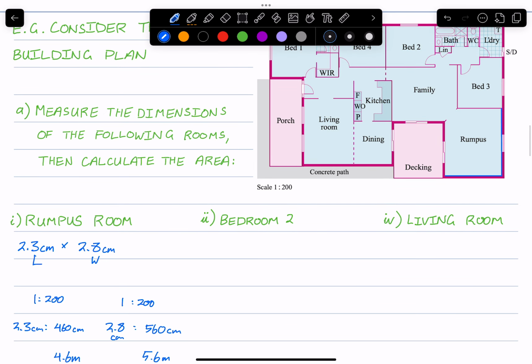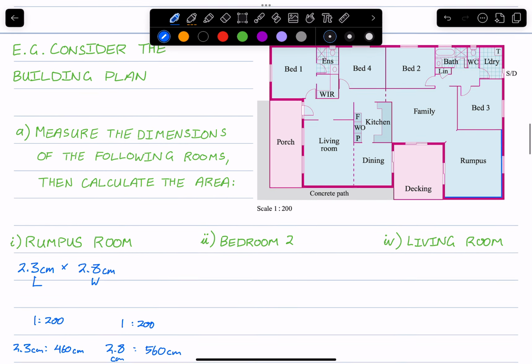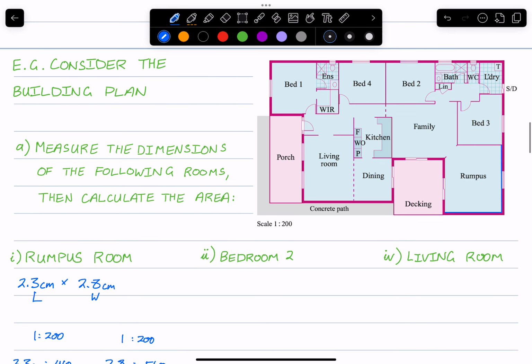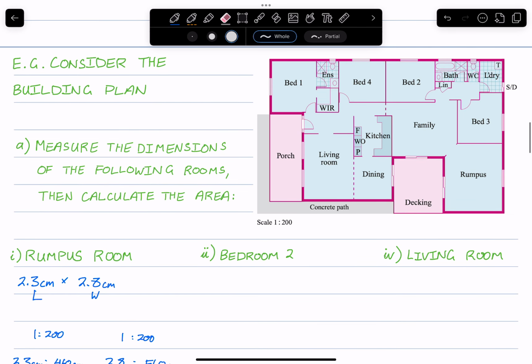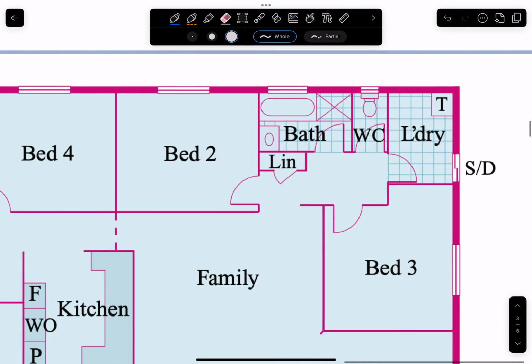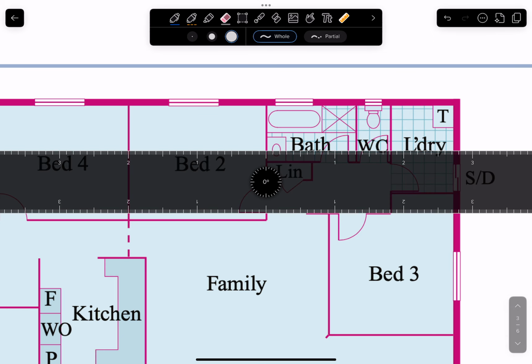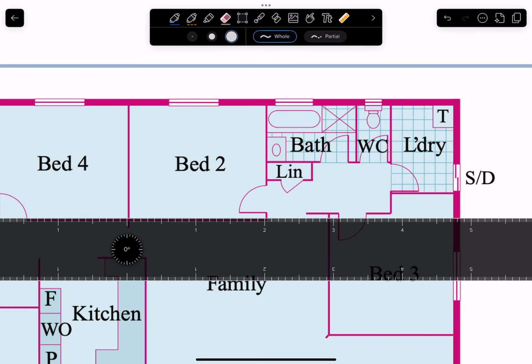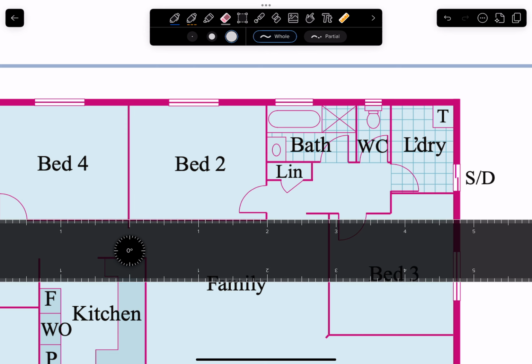Now that we have this, it's just a matter of repeating it again. You can pause and give it a go yourself for bedroom 2. Okay, so let's do this now. For bedroom 2, let's grab a ruler. Obviously your measurements might be slightly different to mine. That there looks to me to be about exactly 2 centimeters.